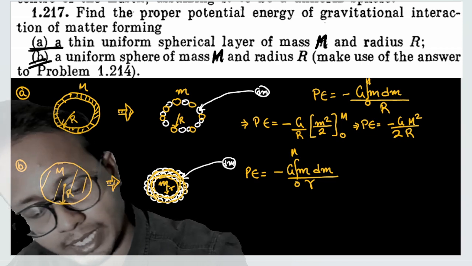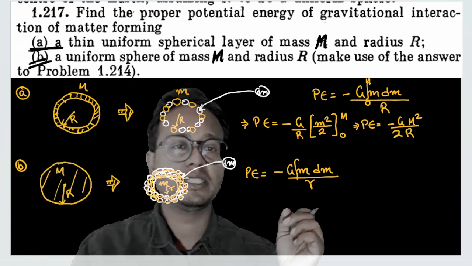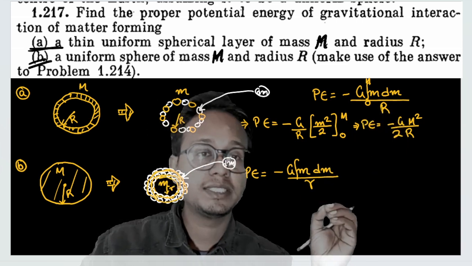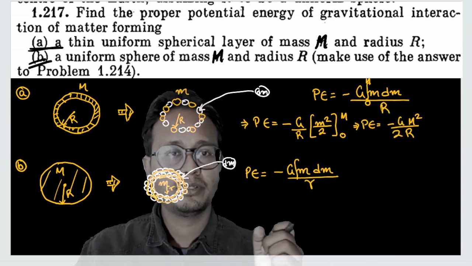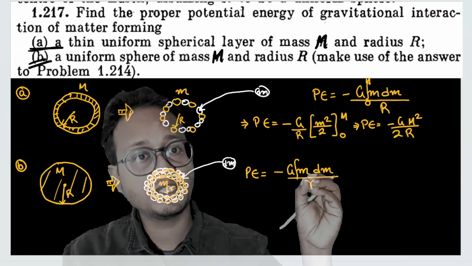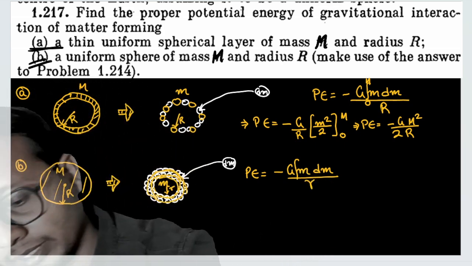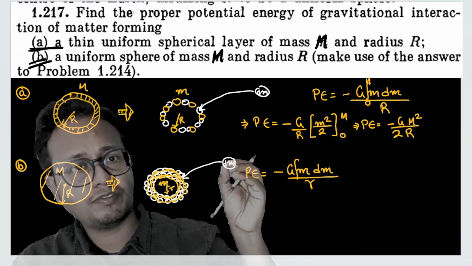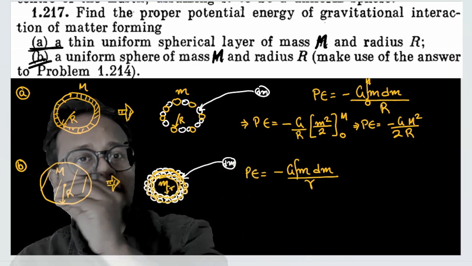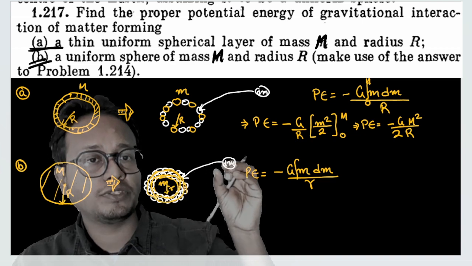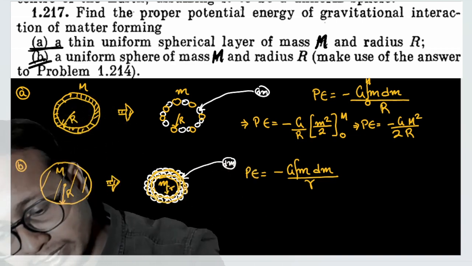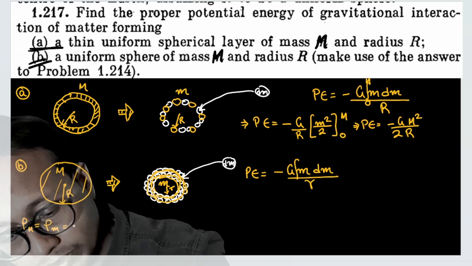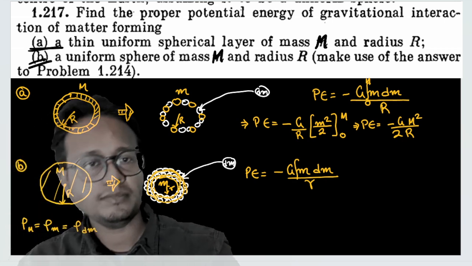But instead of using that method, I'll use density. And why am I using density? Because in the first case, the radius was constant, but in the second case, the radius is variable. So in order to mitigate this, I'll convert the mass in terms of radius. How? Can I say the density of the planet is equal to the density of the elemental shape, which is equal to the density of the elemental mass, isn't it?